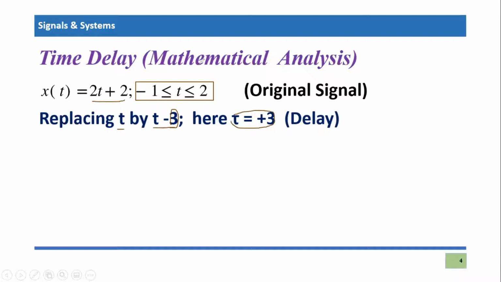Let's do this mathematically. Each t variable is replaced by t minus 3. If you notice, it will become 2 into t, 2t.